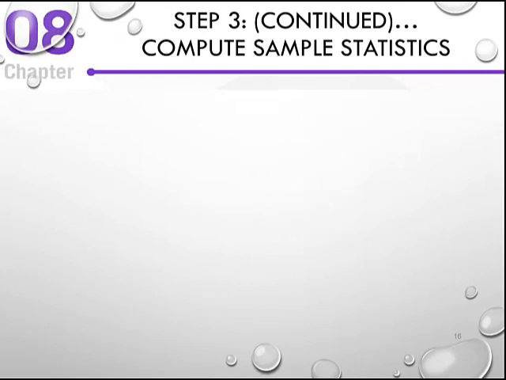So I'm sure you noticed up to this point we haven't done any math yet, right? So this is really where everything is happening. In step 3, after we went out and collected our data, we actually compute the sample statistic. And let's say we find a difference, right? But how do we know that the difference between the sample mean and the population mean didn't happen by chance, right? Sampling error.